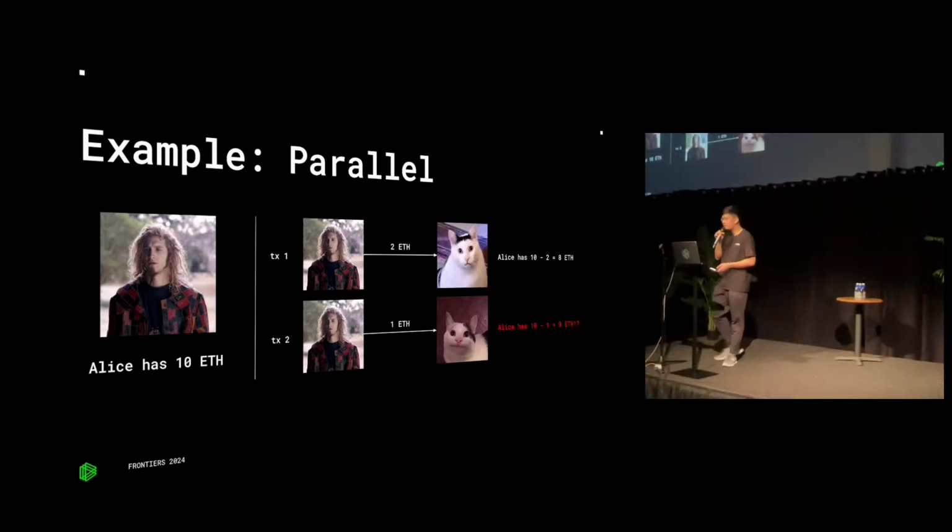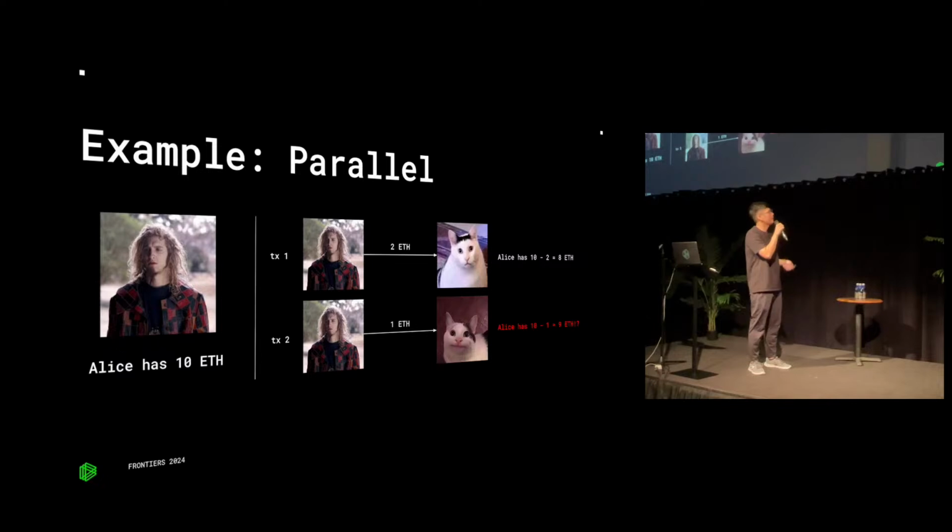But when we go parallel, it gets a bit tricky. If we execute these 2 transactions in parallel, both will read that Alice has 10 ETH. And the second transaction would think that she would have 9 ETH afterwards, which is obviously wrong. And the issue arises every time 2 transactions try to read and write to the same state.